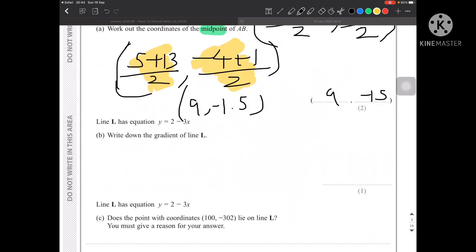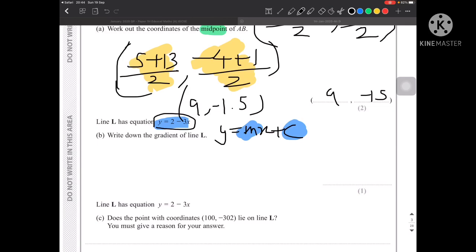So in part 2 we have to find the gradient of line L, whereby line L has this equation. For any line you have to rearrange into y equals mx plus c, where m is the gradient and c is the y-intercept.